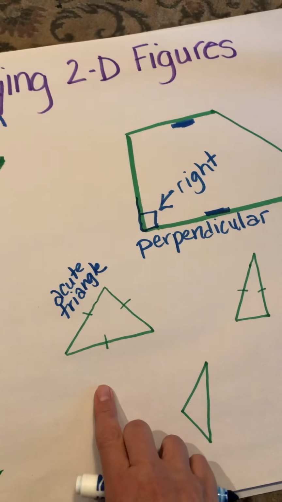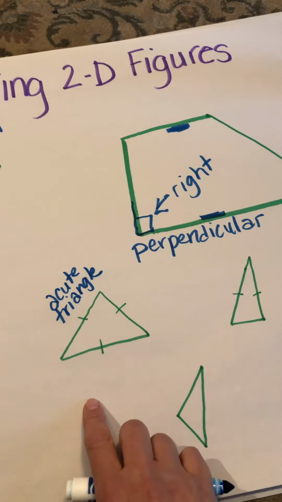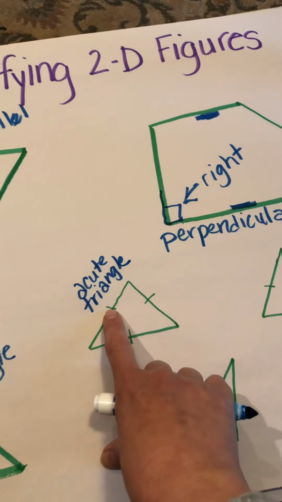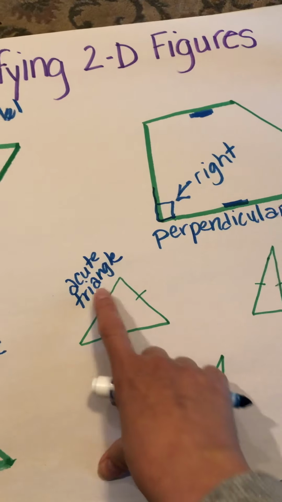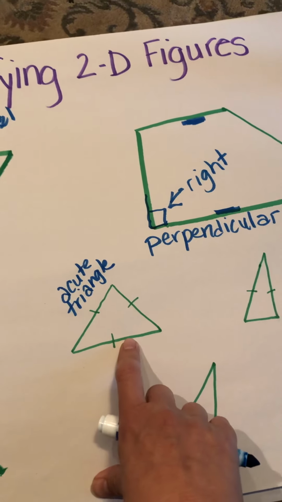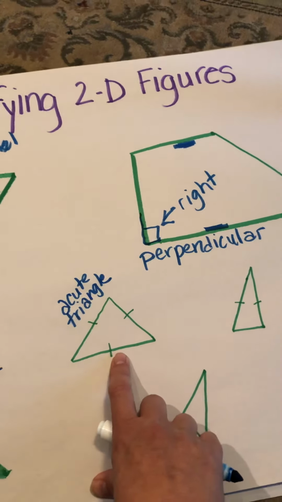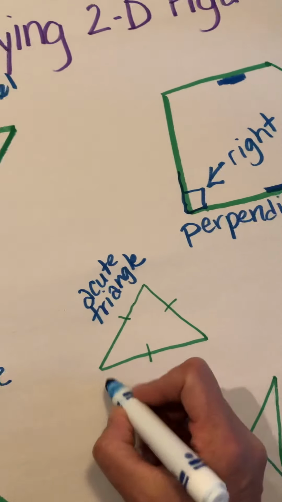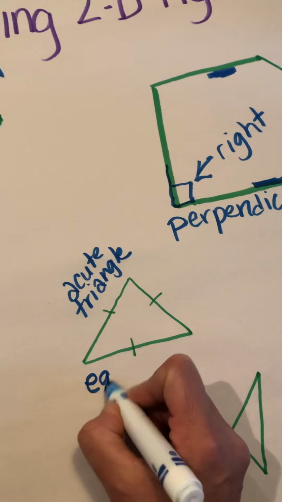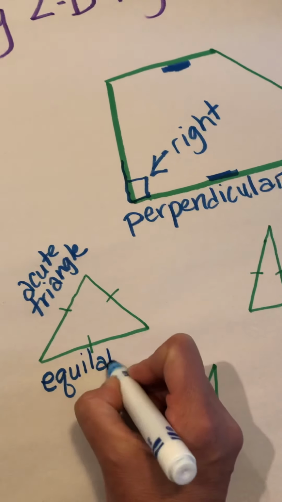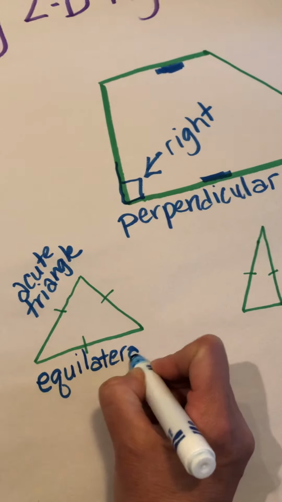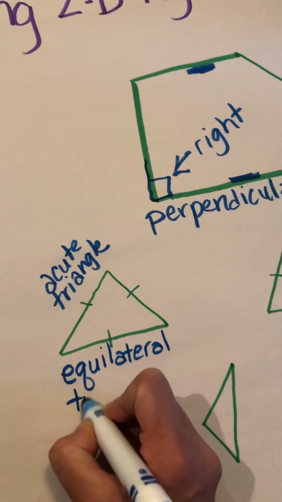Now, all of these little lines right here are telling you that each of these sides is equal in length, so that is telling me that I can also call this an equilateral triangle.